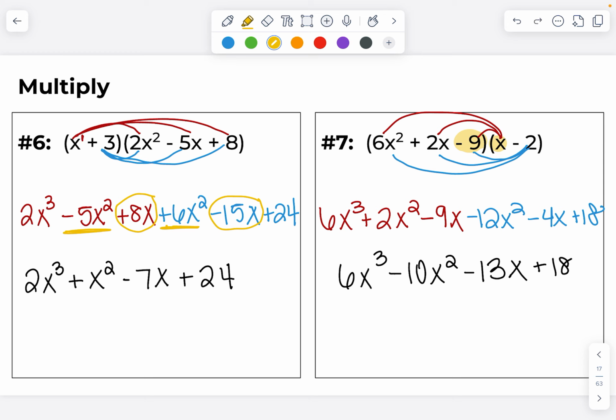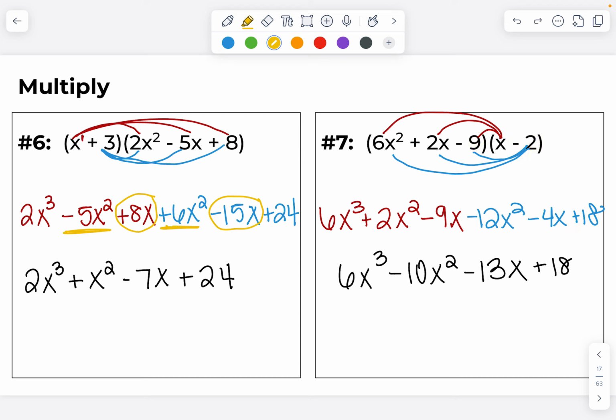And then I took that negative 2 times each of these terms. So negative 2 times 6x squared gives me that negative 12x squared. Negative 2 times a positive 2x gives me a negative 4x. And then lastly, negative 2 times negative 9 gives me a positive 18.